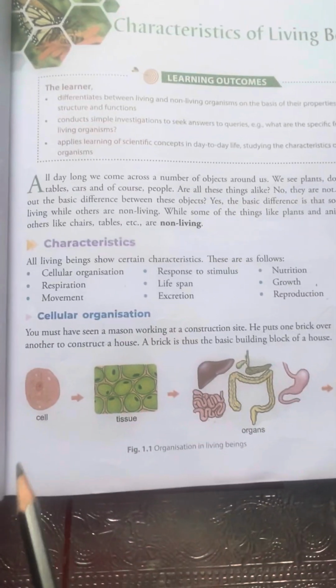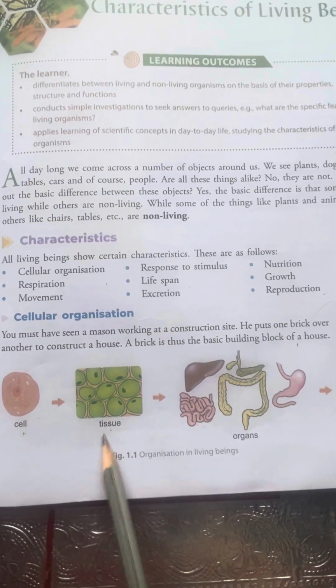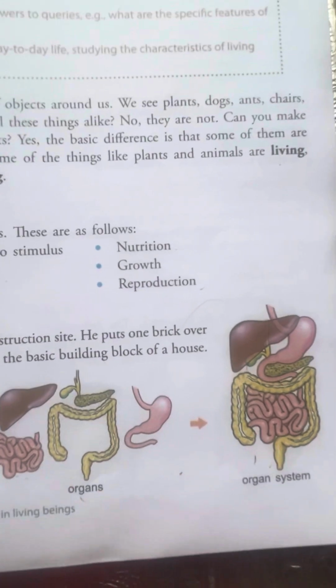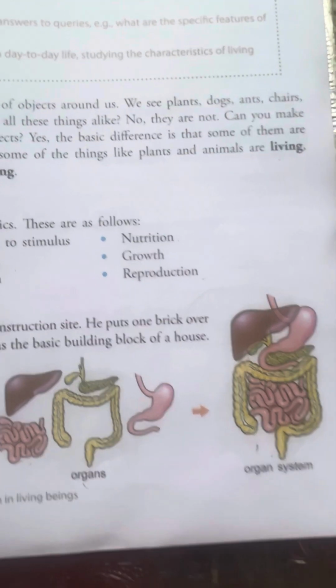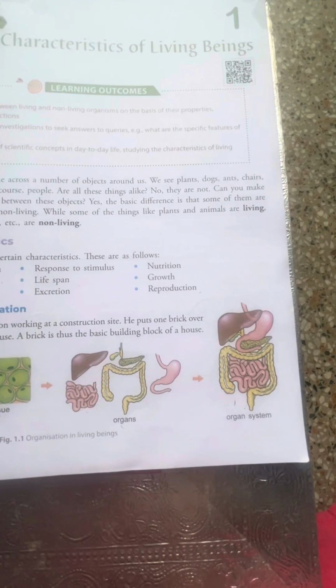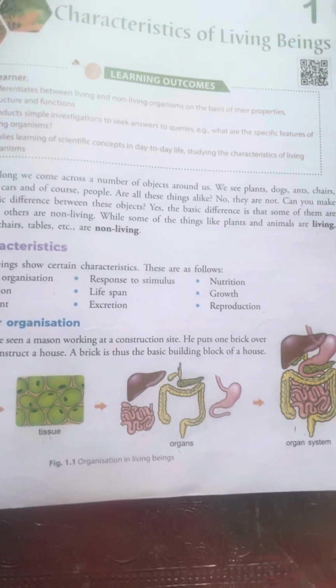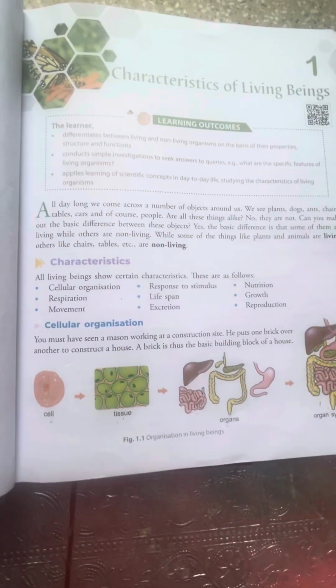A group of cells is called a tissue, a group of tissues is called an organ, and a group of organs is called an organ system. And as we all know, we have so many organs in our body for the proper functioning of the complete body.